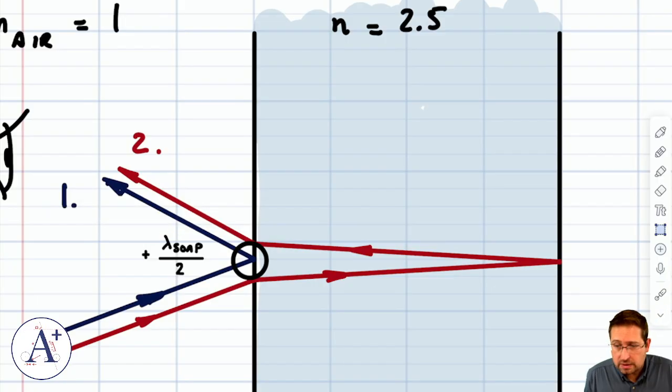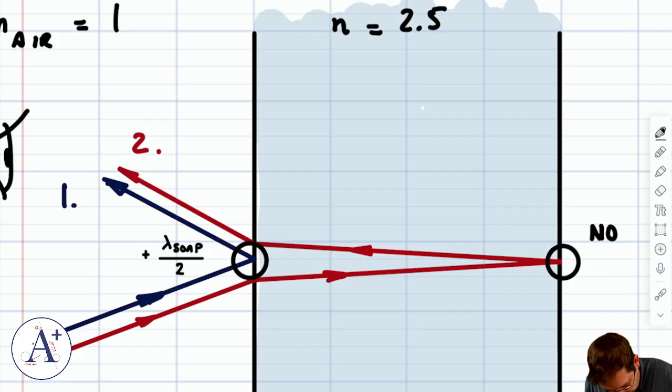And then over here, no phase shift. Okay, no phase shift, we reflect off of air. Air has a lower index of refraction, right? Because, just to be clear, the ray is traveling through the soap film now, and it bounces off something which is air that has a lower index of refraction, so then there's no phase shift for that reflection.